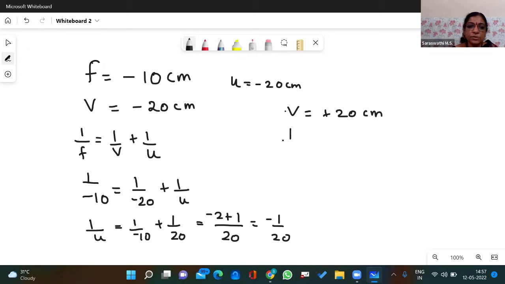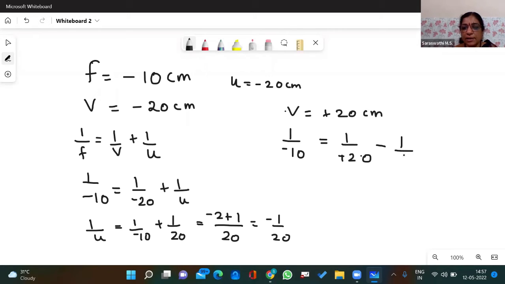Let us substitute 1 by minus 10 equals 1 by plus 20, what is the V? We have to find this, right?